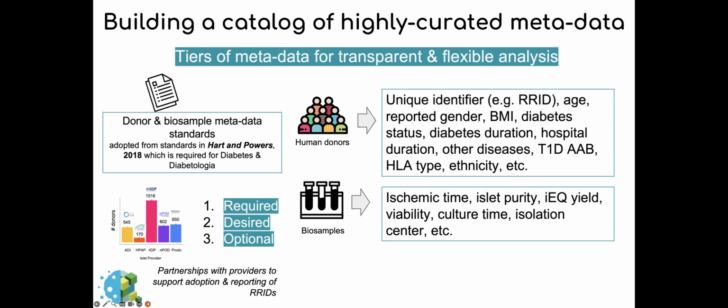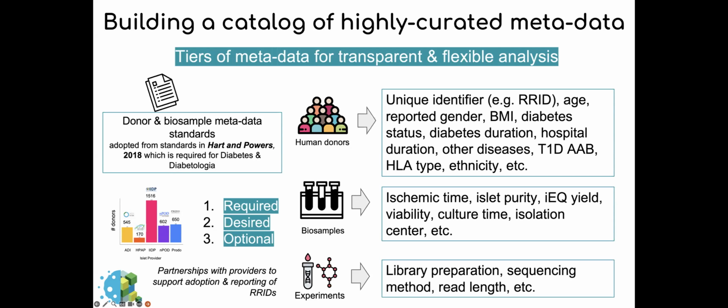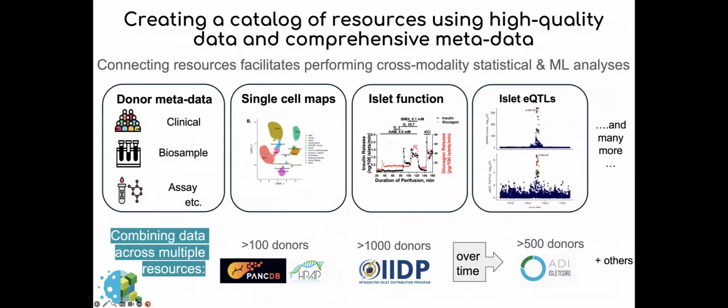We've also been assembling data on the biosamples to do with the islet isolation, and also putting together more information on the downstream experiments that have been generated on these valuable islets to do with library preparation and sequencing parameters. So what can you do once you start to bring together such a well-curated resource that's stretching across multiple islet providers?